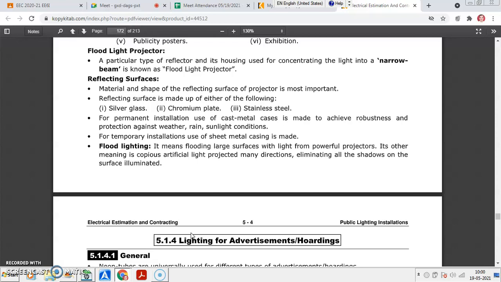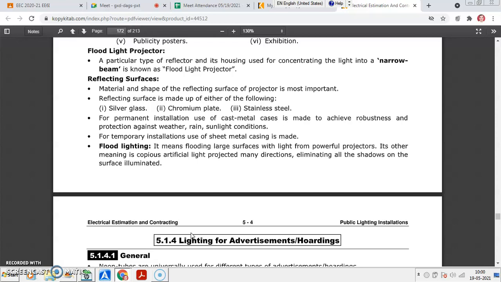Flood lighting is light from powerful projectors, we know. Its other meaning is artificial light projected from many directions, eliminating all the shadows on the surface that is to be illuminated.